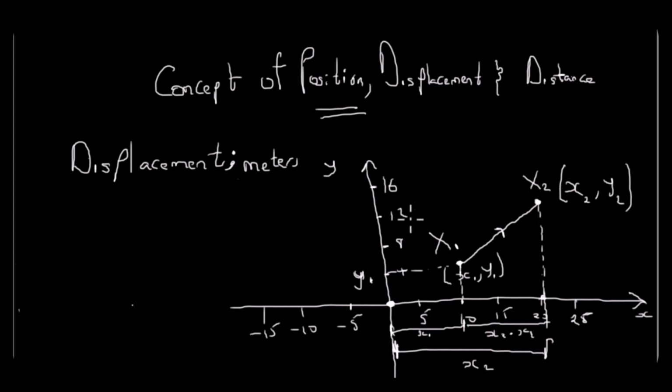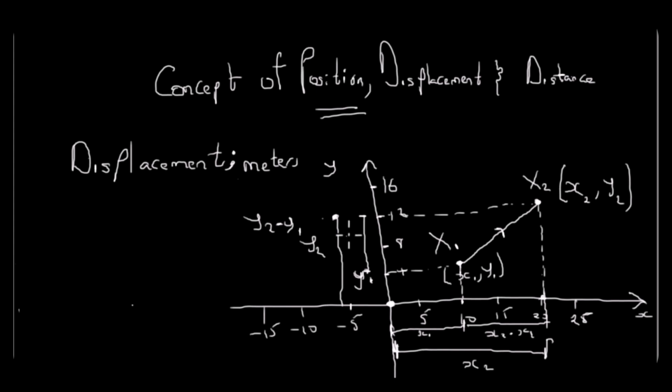Then again, from this point, my position 2, I say this is simply given as y2. That means looking for the length of this place to this place will simply be equal to y2 minus y1, isn't it?